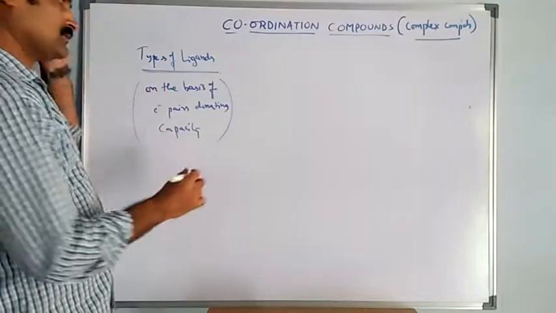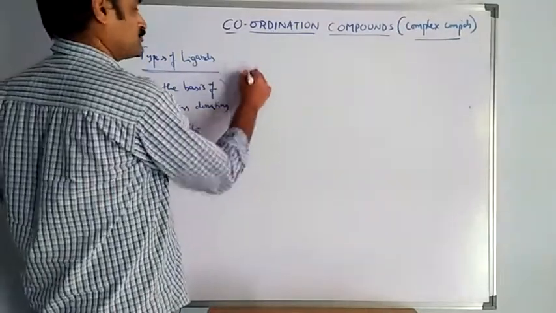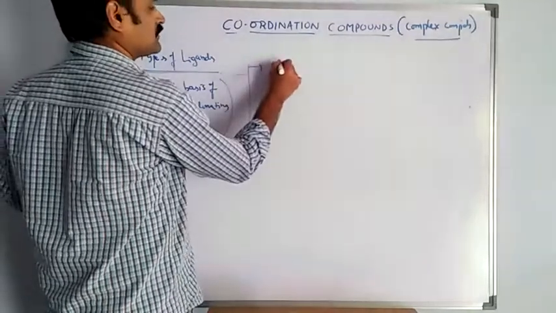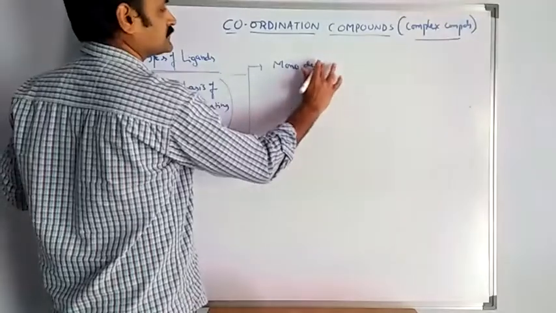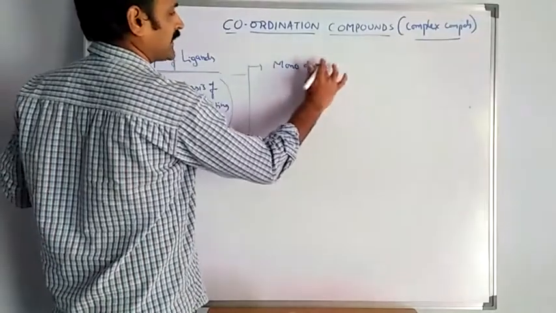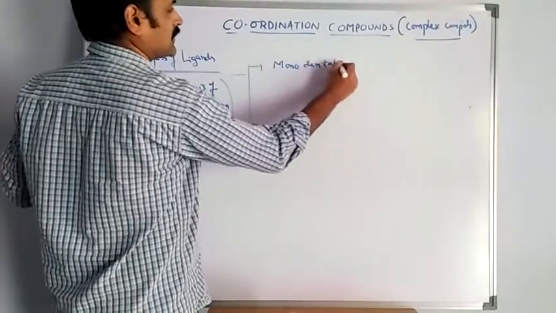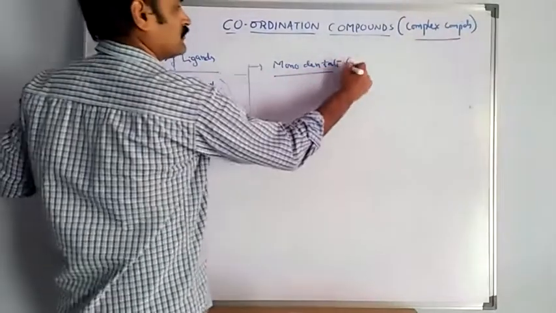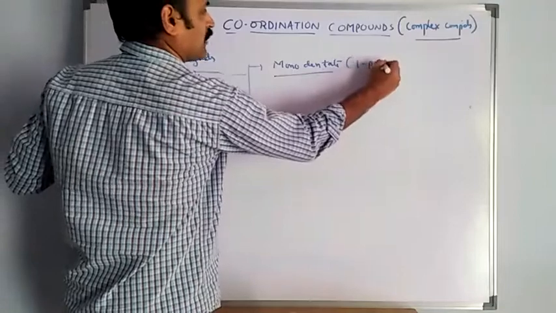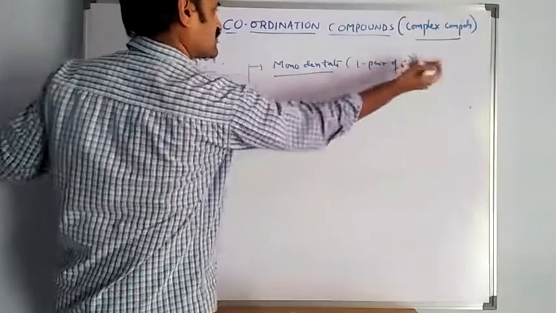For example, if the ligand is a monodentate ligand, it has the capacity of donating only one pair of electrons, that's all.